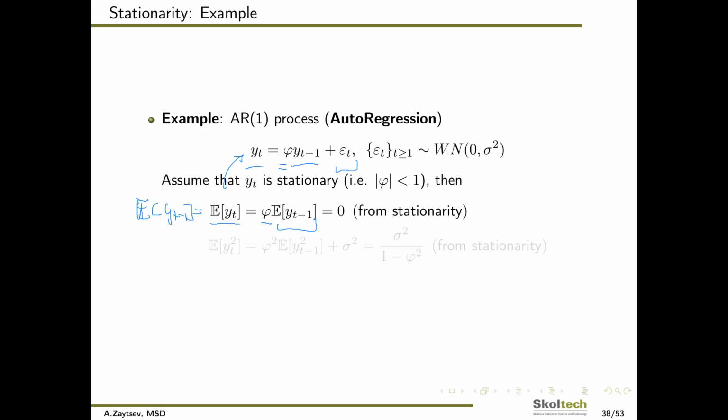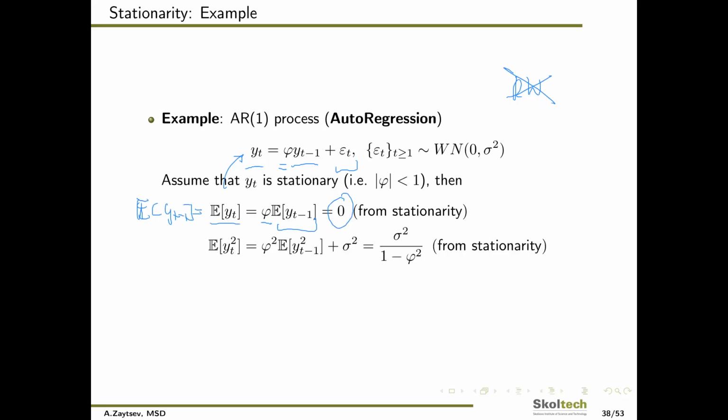Okay, either phi equals 1, which is not the case because it's too strong an assumption, since in this case the variance would increase on and on. You'll have something like random walk behavior, which you don't want because it doesn't lead us to stationary behavior. Instead, we say that this mean should equal 0. So this is our first thing to do.